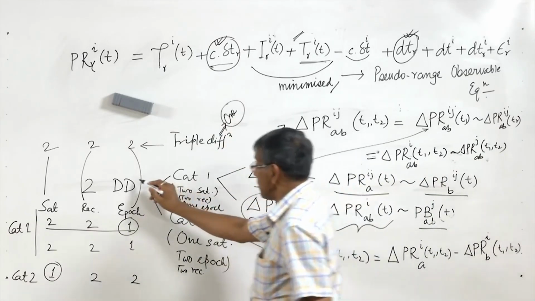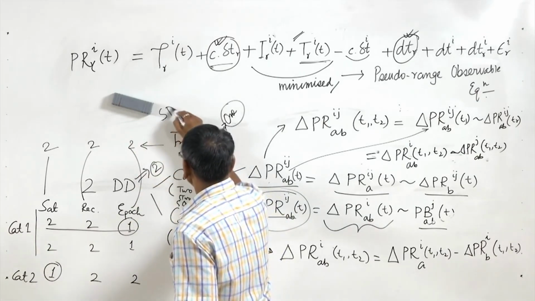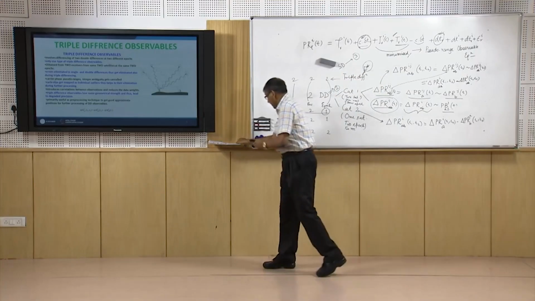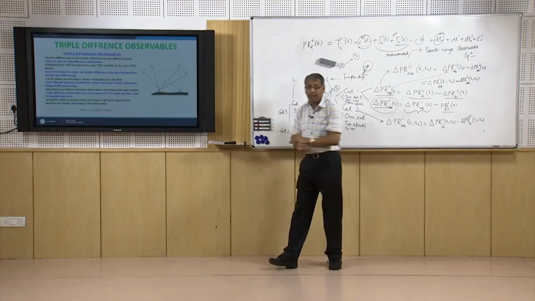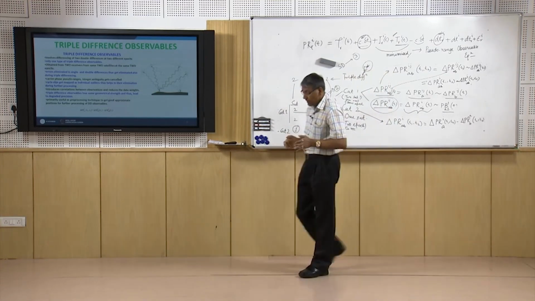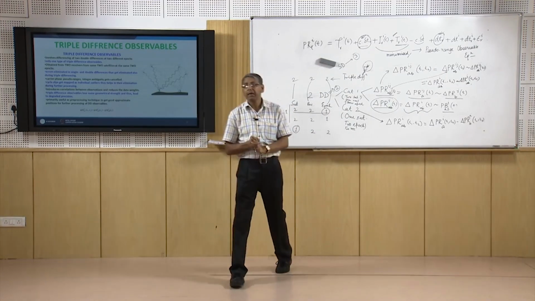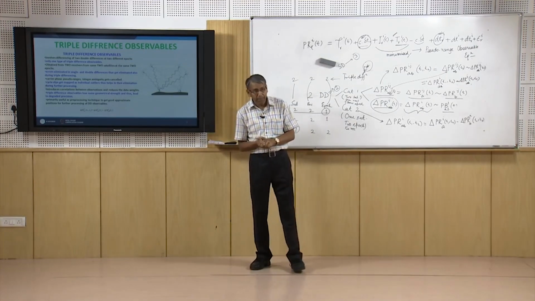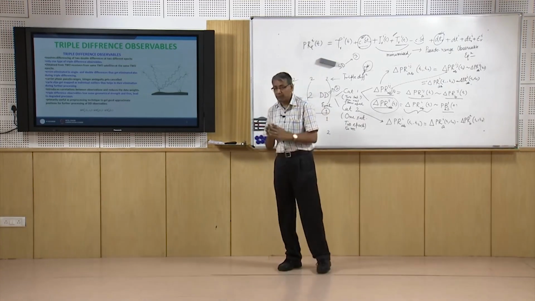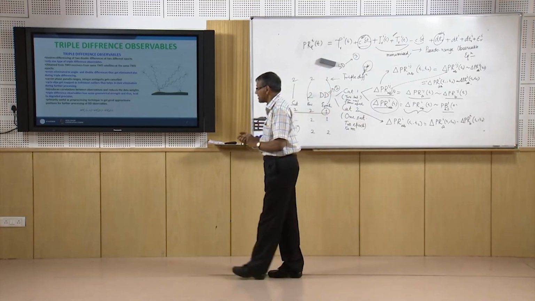So, double difference you will get two types, whereas single difference we will get three types of observables. Triple difference observables are the observables with which we will be able to identify the presence of cycle slip. This is very important as a pre-processing step, as well as we can minimize many of the errors.